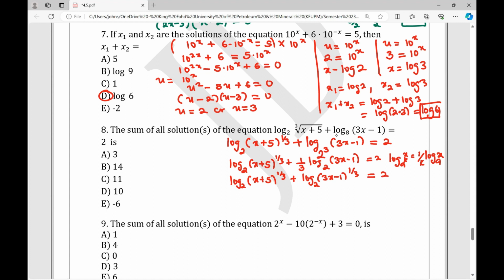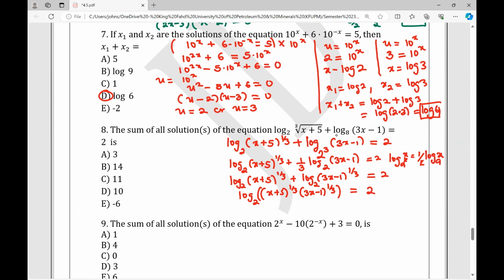So here now, we can change this to multiplication so that it becomes log to base 2 of x plus 5 multiplied by what? So we have 1 over 3 times 3x minus 1, all to the power 3. All of this log to base 2 is equal to 2.